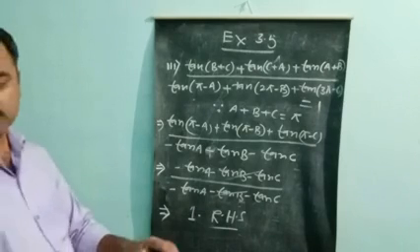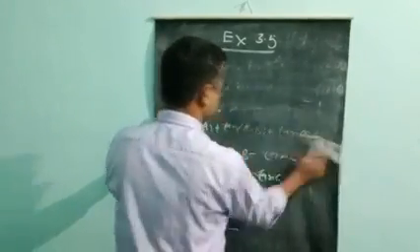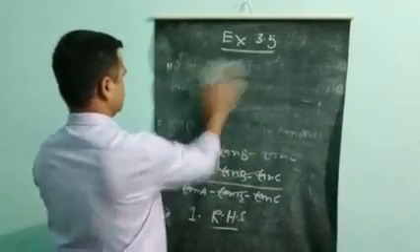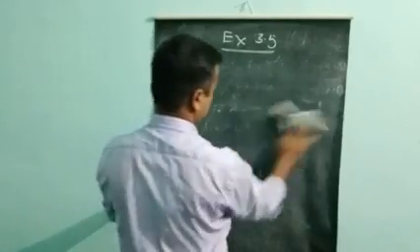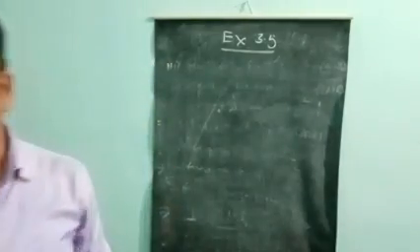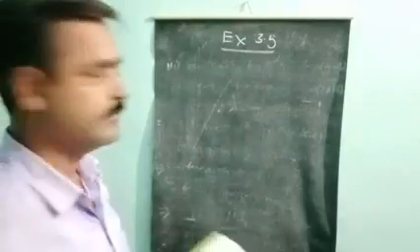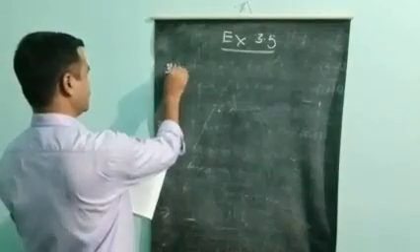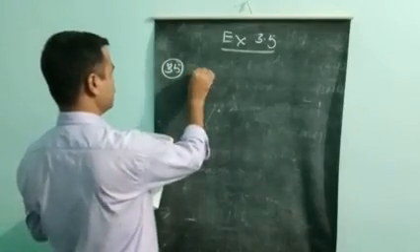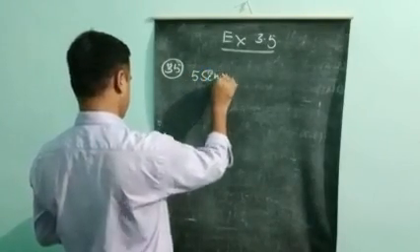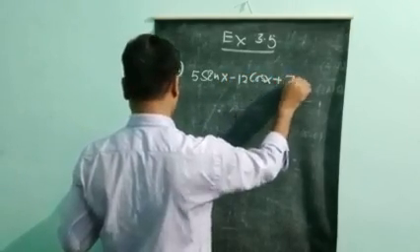Okay students, one question more. See the question. See question number 35. It says: 5 sin x minus 12 cos x plus 7.